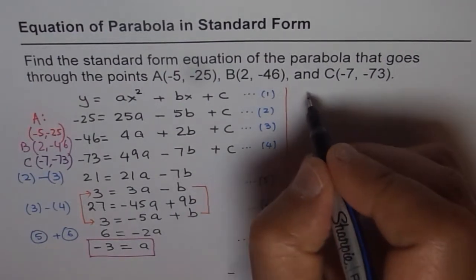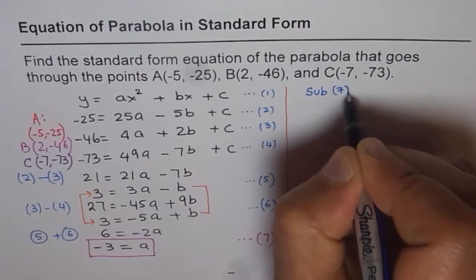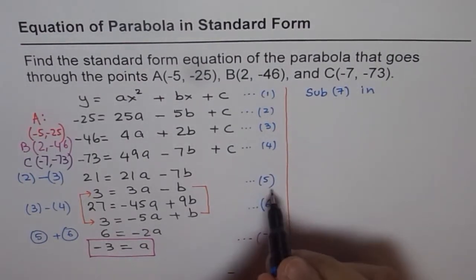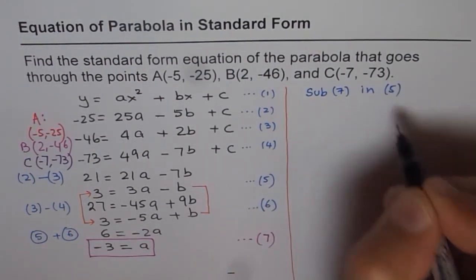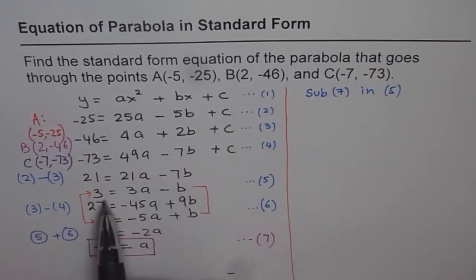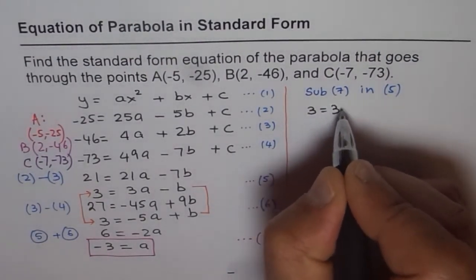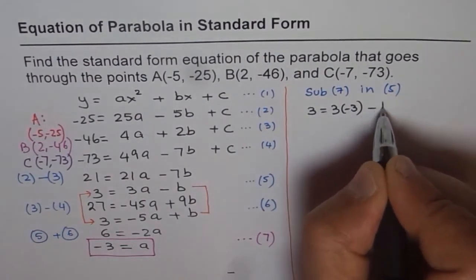So we'll use equation 7. So we'll substitute 7 in 5. Equation 5 is 3 equals 3a minus b. So we'll substitute a as minus 3 here. So we get 3 equals 3 times minus 3 minus b, right?